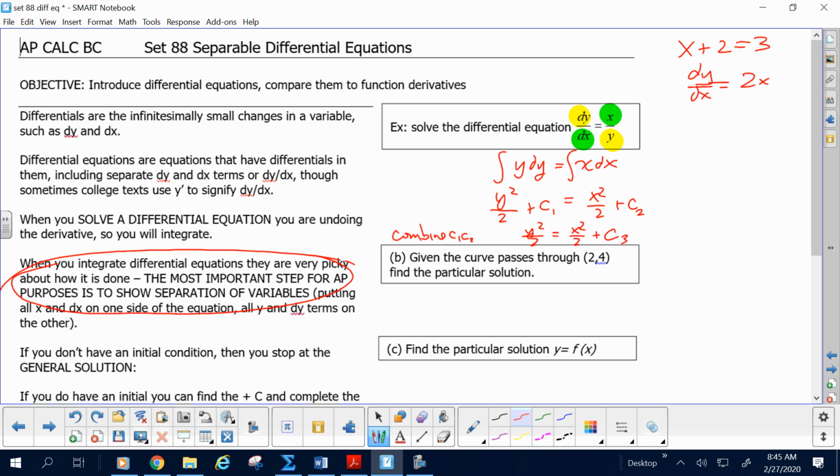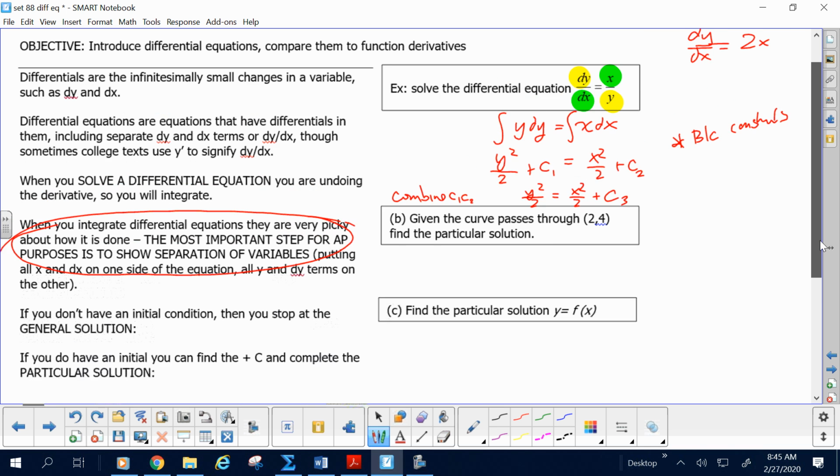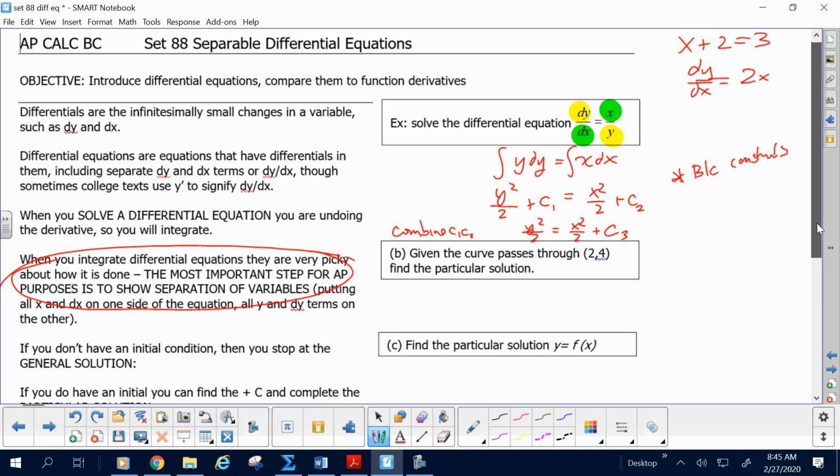Okay, now write yourself a note here. Because the constants can be combined, we never do this kind of work.